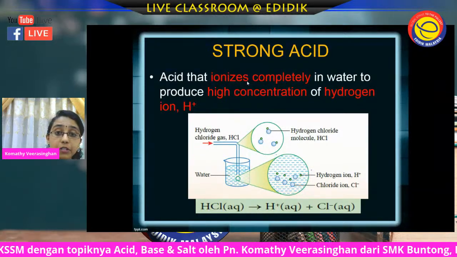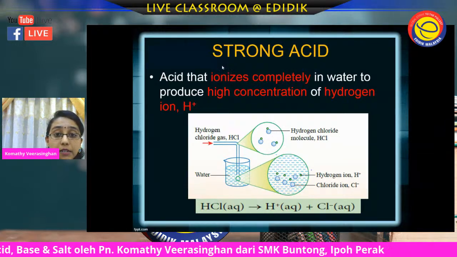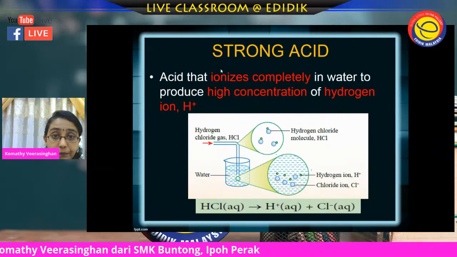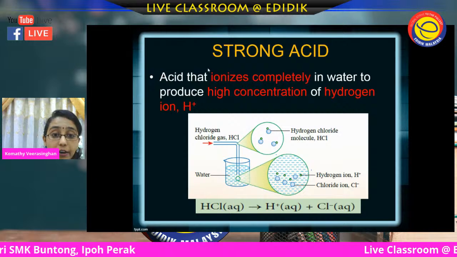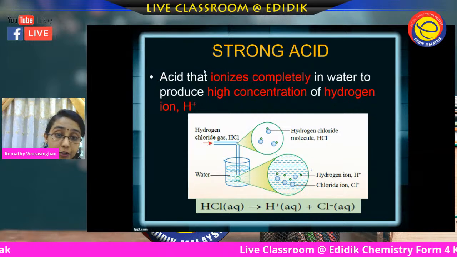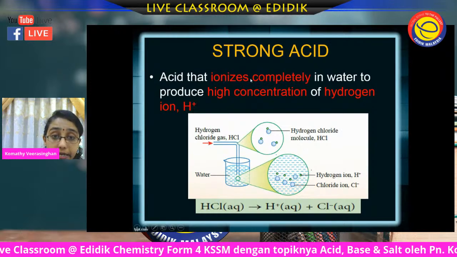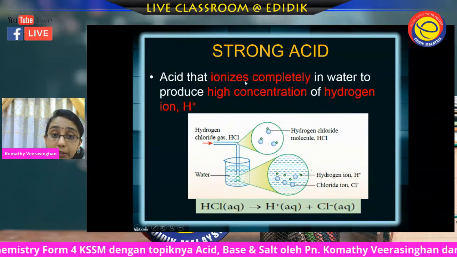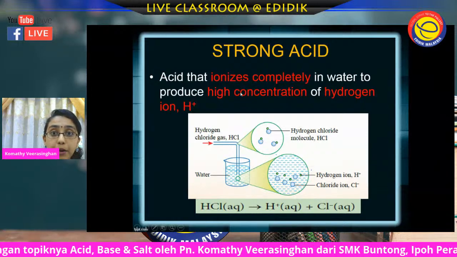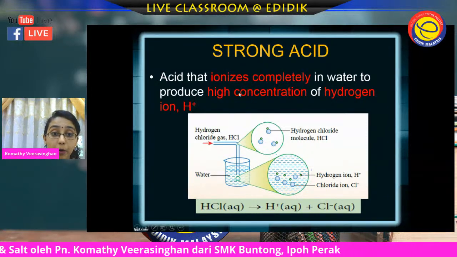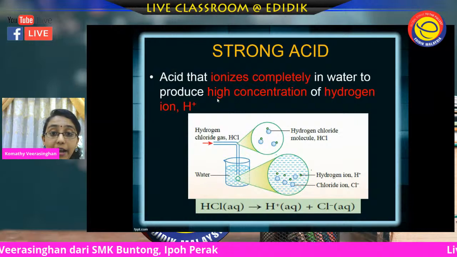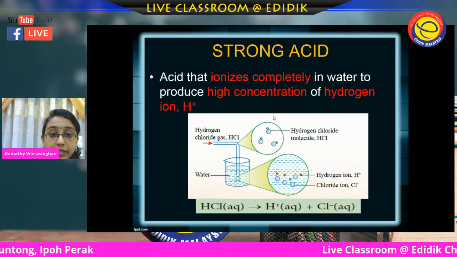But what's the difference between strong and weak? The degree of ionization, or degree of dissociation. Now, when the acid ionizes completely, how about the number of hydrogen ion it produces? It will be more, right? So it will produce high concentration of hydrogen ion.